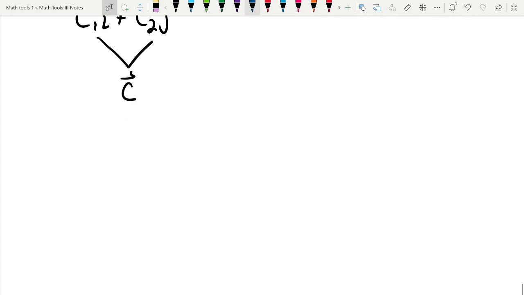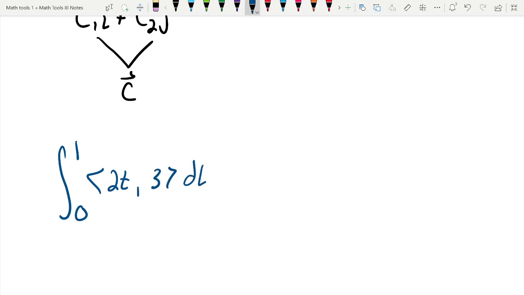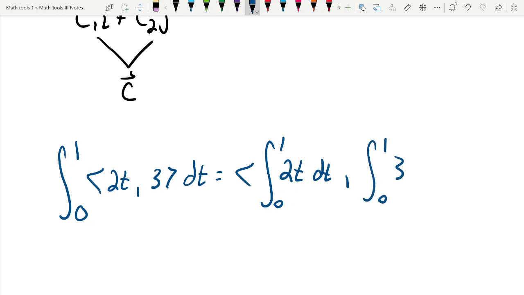So just to show a quick example of that, like if we have something like the integral from 0 to 1 of 2t comma 3, then this is going to be, and sometimes we might actually just write it like this. Okay, comma, we might just write it inside the component vectors here.